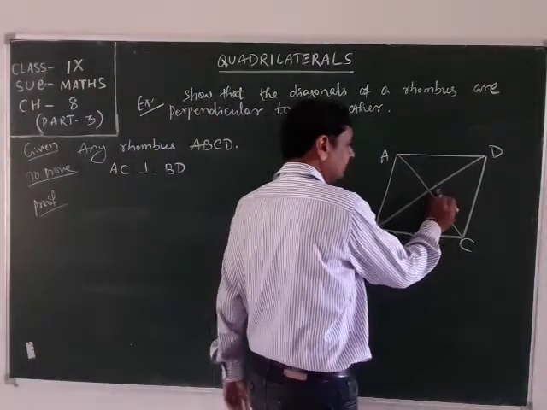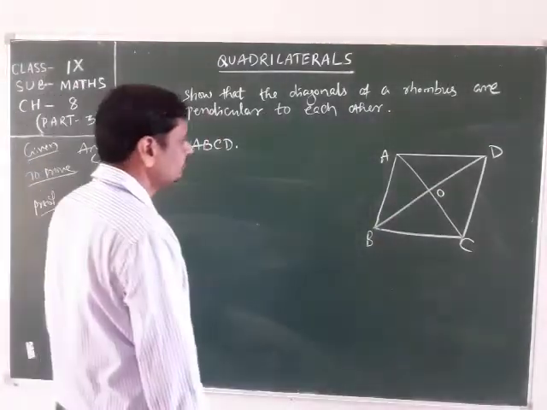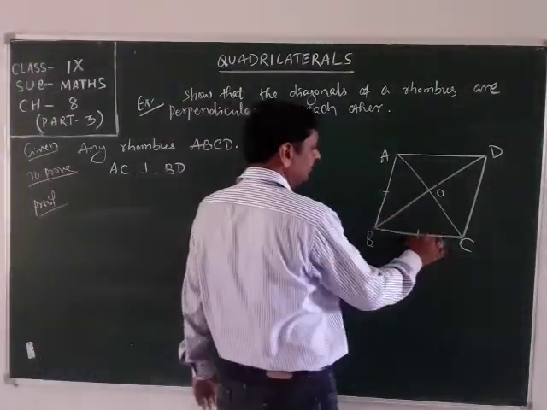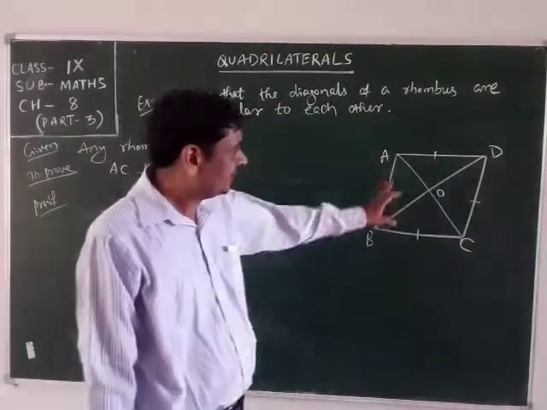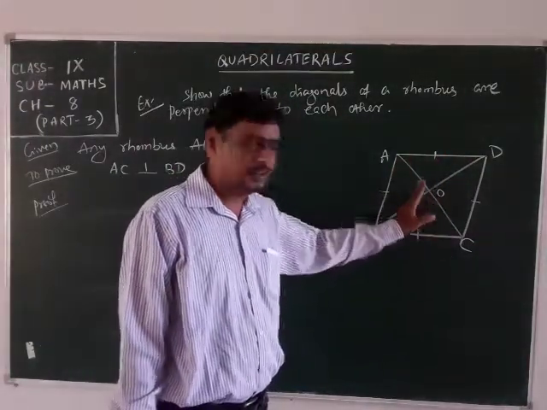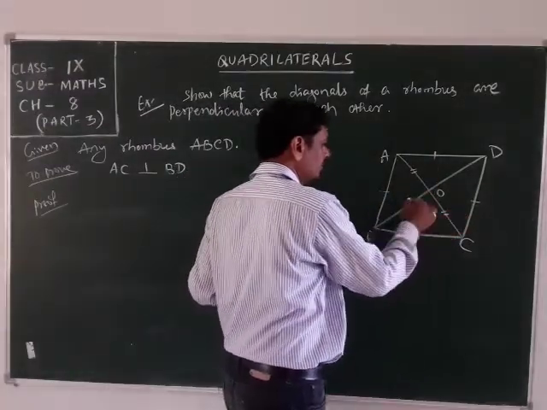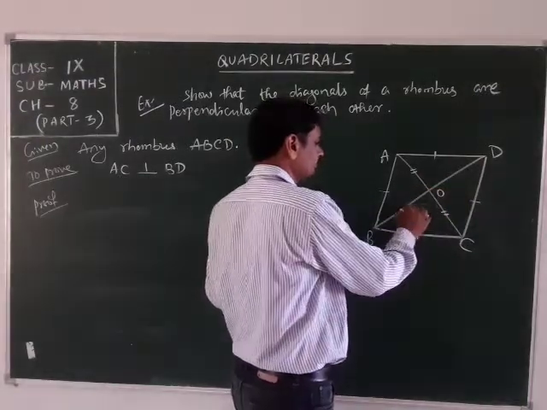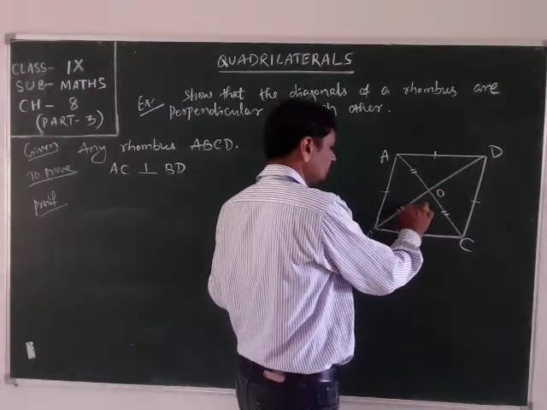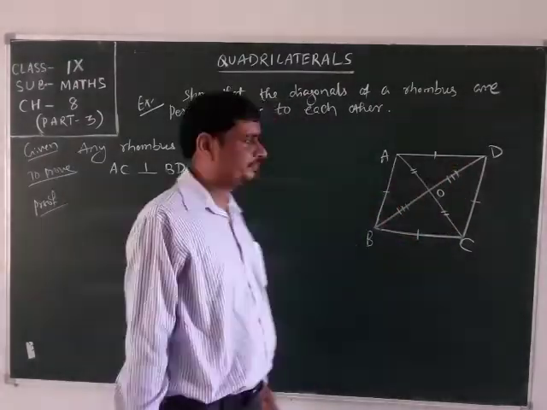Let the intersecting point of the diagonals AC and BD be O. Here AB, BC, CD, AD are all equal in length, and OC and OA are equal. Similarly, BO and DO are also equal.